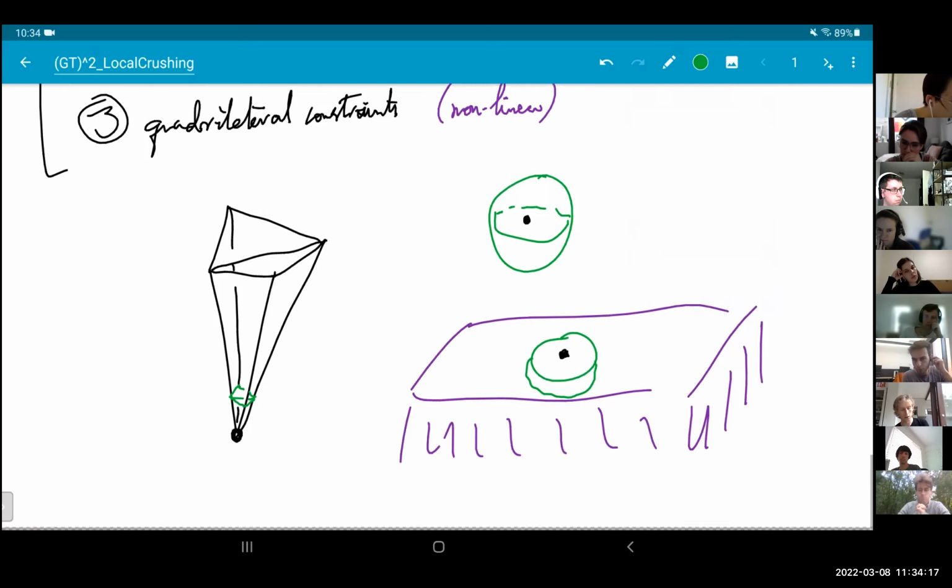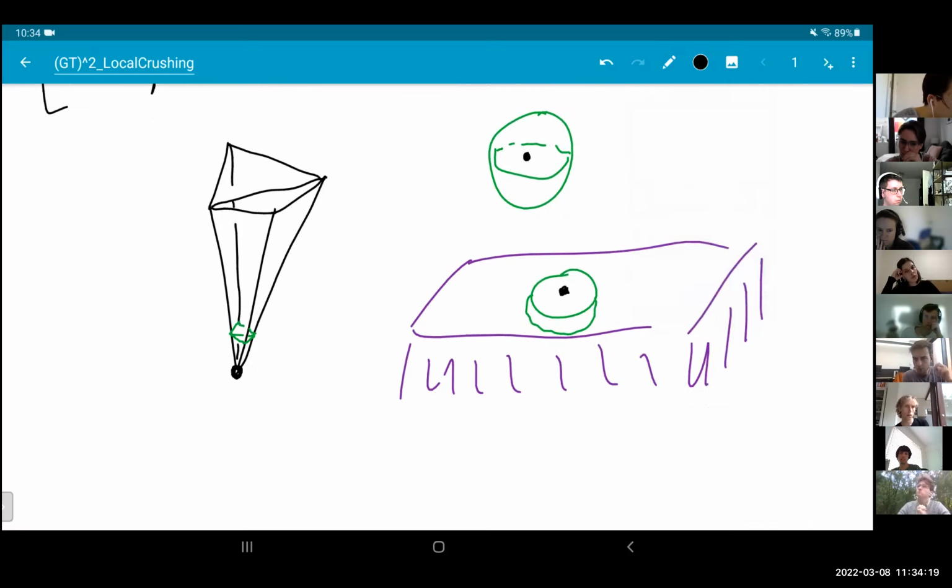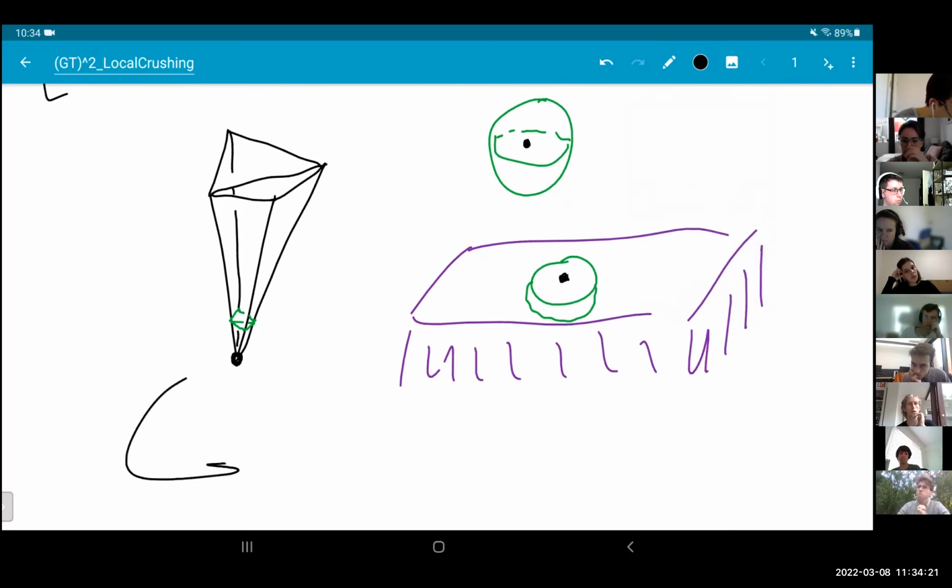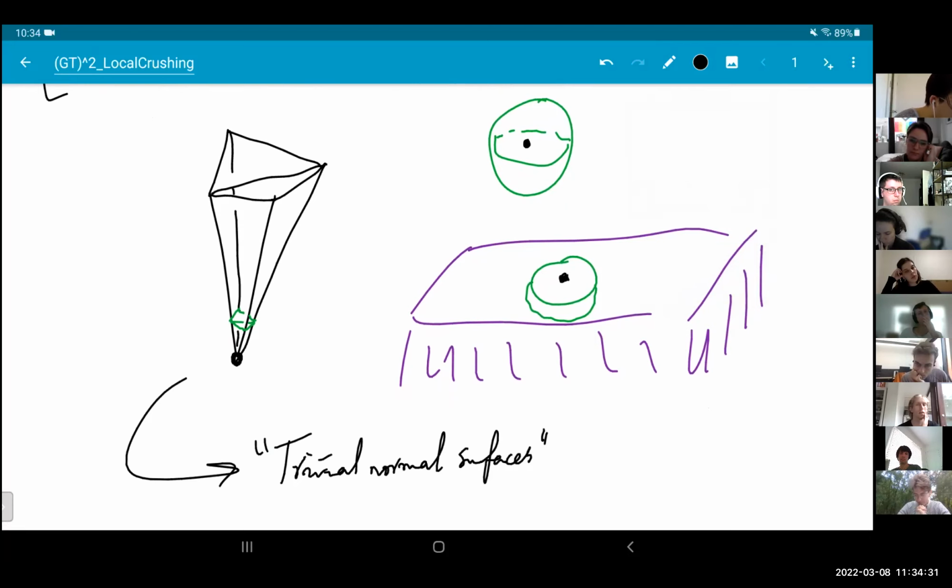And clearly these always exist. So these are trivial normal surfaces, and we're going to basically ignore these because they always exist. The distinguishing characteristic of these is they're completely built out of triangles. And if you build something completely out of triangles, it's going to look like one of these. So what does non-trivial mean? Non-trivial just means you have some quadrilaterals.